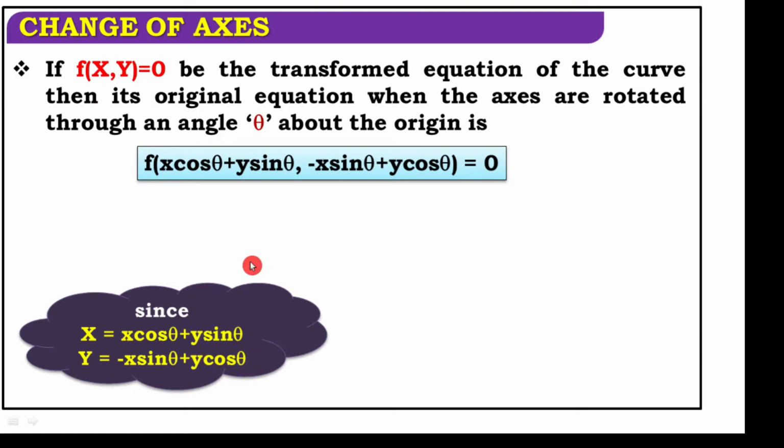Using these formulas, when a transform equation is given we can find the original equation, and when the original equation is given we can find the transform equation.